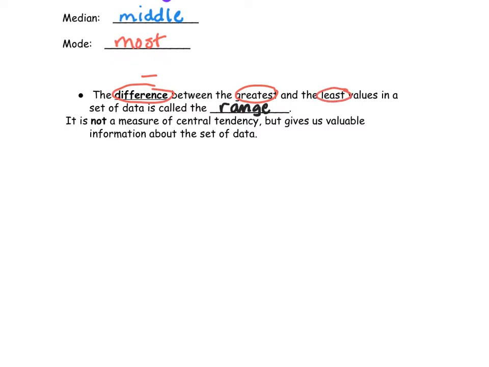If you recall, when we translated, we put this operation sign in between there. So we would find this by taking the highest number minus the lowest number. And an important point is it's not a measure of central tendency. It doesn't tell us the center of the data, but it gives us valuable information about the set of data.